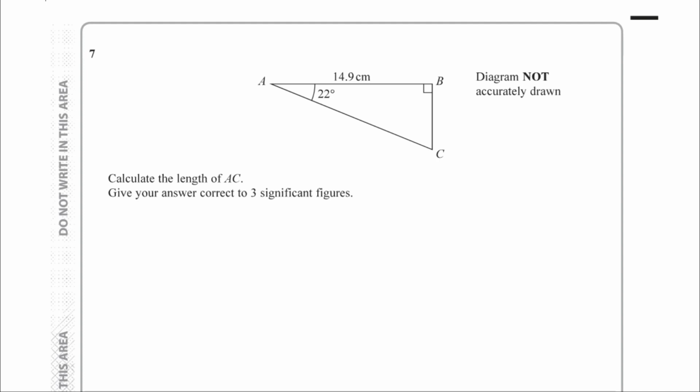And in question 7 here, we have to find the length of AC. And so to find the length of AC, this is a right angle triangle. We will need to use right angle trigonometry. The ratio which we need to use for the adjacent side to the angle and the hypotenuse is the cosine ratio. So we can say cosine of 22 degrees is equal to the adjacent side, which is 14.9, divided by the hypotenuse, which in this case is the length AC.